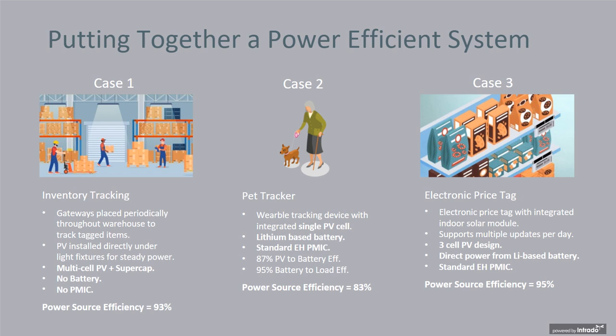And then let's just say that that device requires a constant voltage to run. So if we have a standard energy harvesting PMIC to boost that single cell up to 3.7, that's going to be 87% efficient, and then 95% efficient from battery to load, which results in an overall system efficiency of 83%.